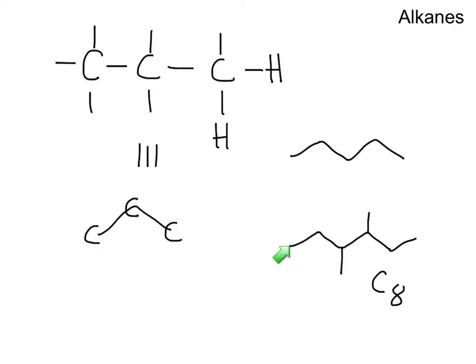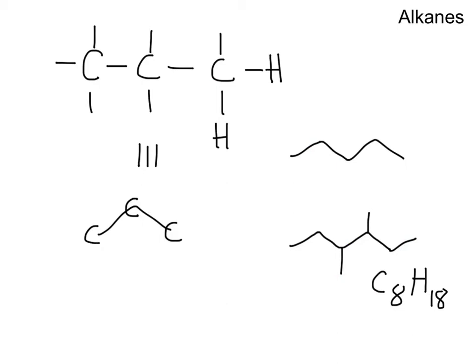There are 3 hydrogens there, 2 there, and only 1 there. If we count this up, we've got 3, 5, 6, 9, 10, 13, 15, and 3 more for 18. So this is C8H18.